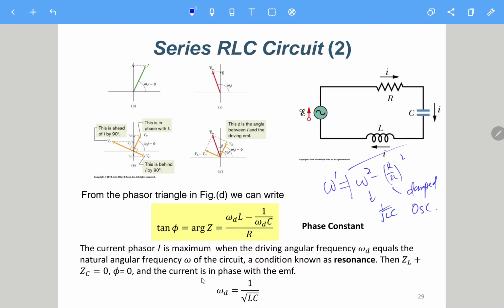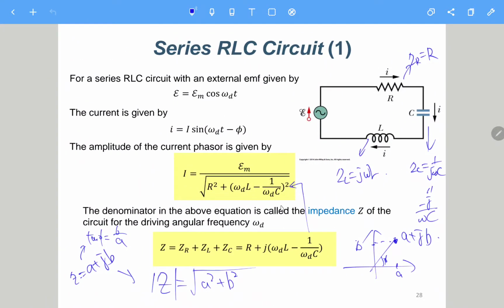So here this omega_d refers to the largest amplitude over all frequencies. If you try to make this term the largest, and you tune omega_d, you need to minimize the denominator, because this is a square.